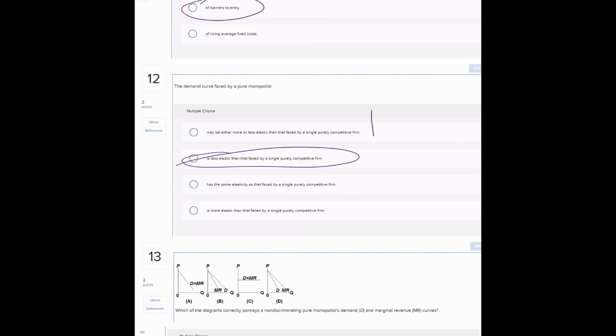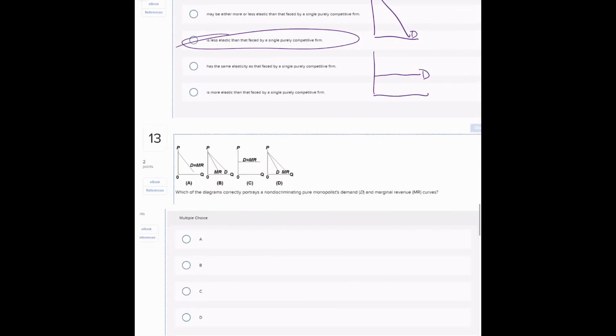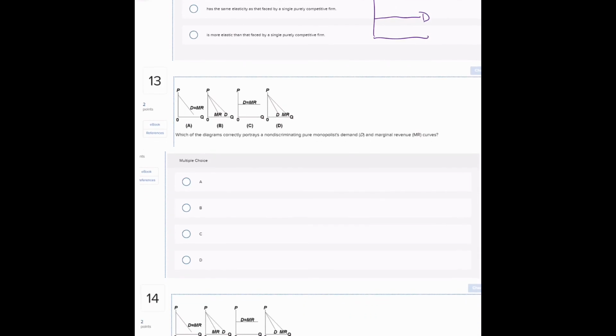Just a quick review of the look of it: the downward sloping demand curve is what is faced by a monopolist, where the firm in a perfectly competitive marketplace faces that perfectly horizontal or perfectly elastic demand curve.